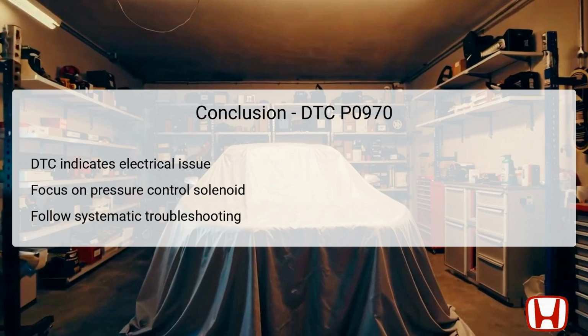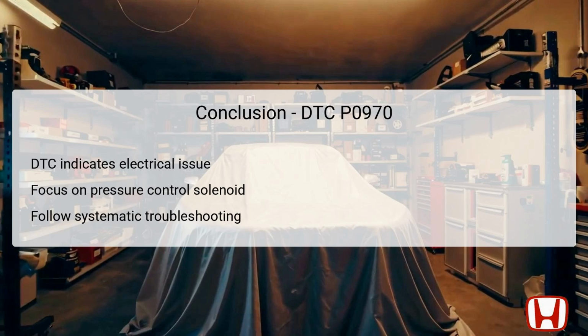In summary, DTC P0970 reveals an electrical circuit malfunction affecting the pressure control solenoid C in a Honda Fit from 2015 to 2020. The troubleshooting steps outlined provide a systematic approach to diagnosing and resolving the issues associated with this code.